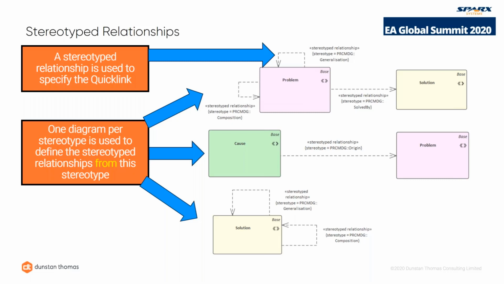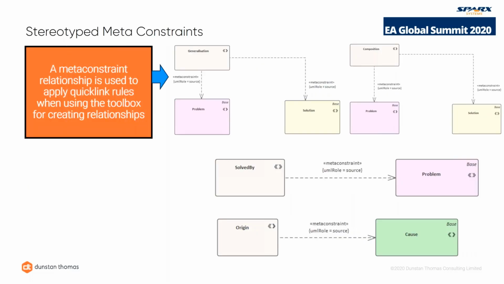I also do the same on my meta constraints. Now here's a gotcha, which I found the other day. The meta constraints are quite interesting because they allow you to say what is a valid source and or what is a valid target. Now you'll notice, or if you remember my meta model, a generalization was a self.